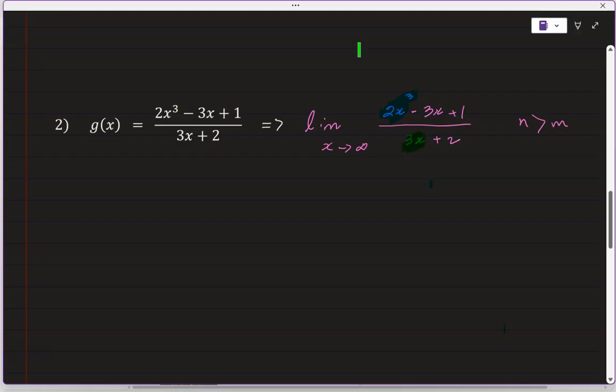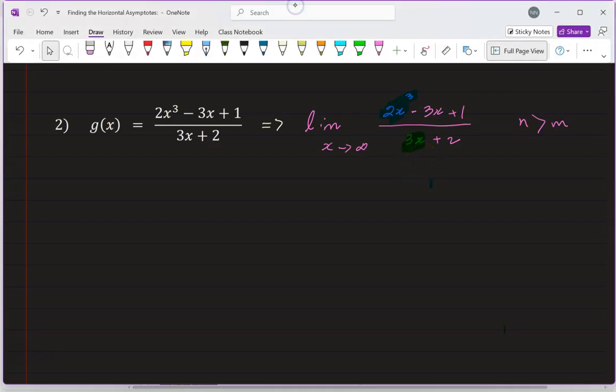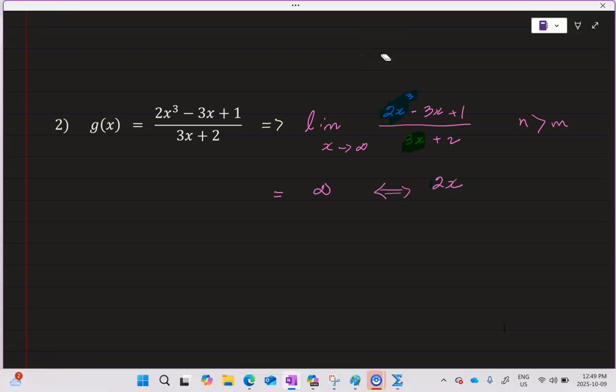So in this case, you can easily say that as x approaches infinity, 2x cubed becomes larger and larger, closer to infinity, a huge number, in comparison to 3x, and therefore the answer to this limit will end up being infinity. And that is because 2x cubed over 3x will end up getting closer to infinity as x approaches infinity.